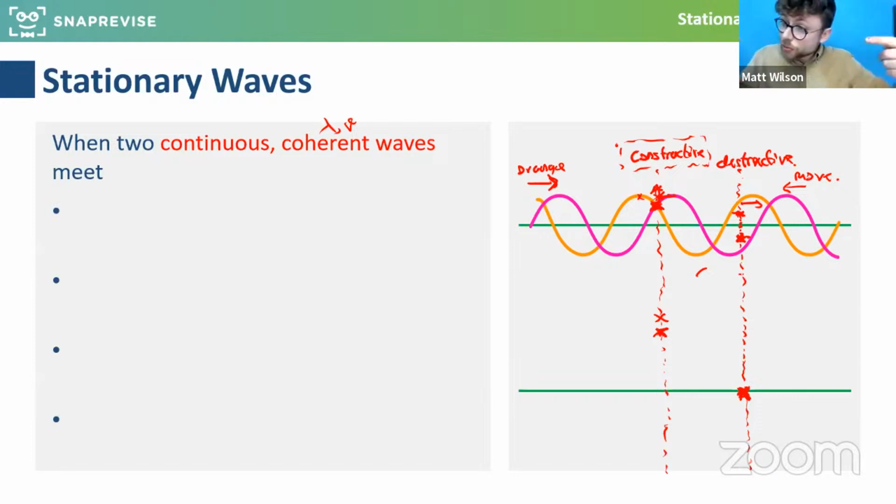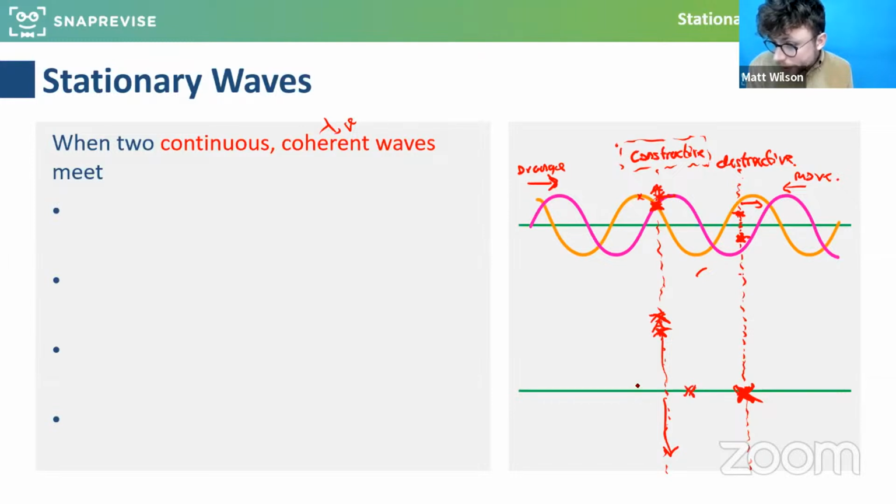So when you have two waves going in opposite directions, you get this constant point where they're always canceling each other out, no matter what time. And you get these other points where they're always working together. Granted, they're going up and down still, so it's still going to oscillate up and down, but they're always working together.